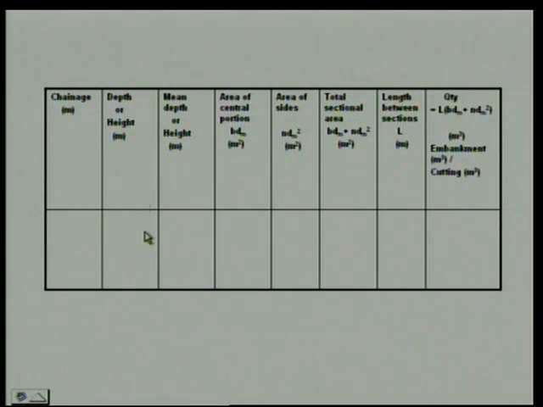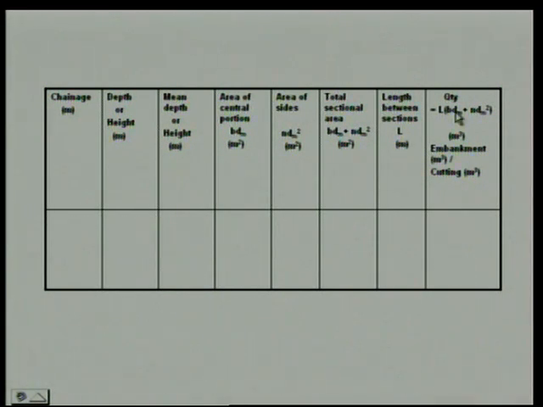After getting the above results, they have to be tabulated in tabular form for the mid-ordinate rule. The first column is the chainage, next are the depths or heights in meters, then the mean depth or height, the area of the central portion, the area of the sides, and the total sectional area, which is the area of the central portion plus the area of the sides, and the length between the sections, designated as L in meters.